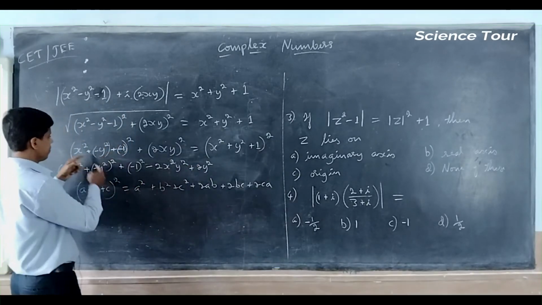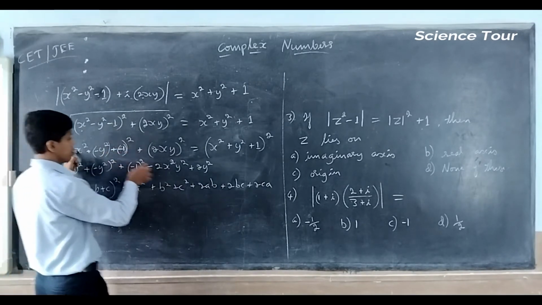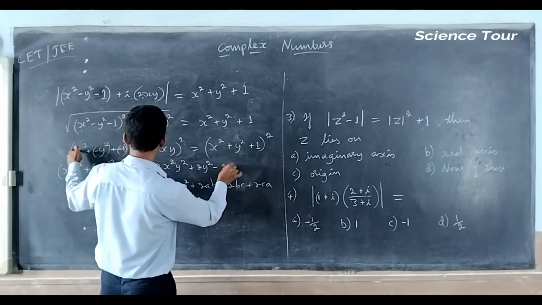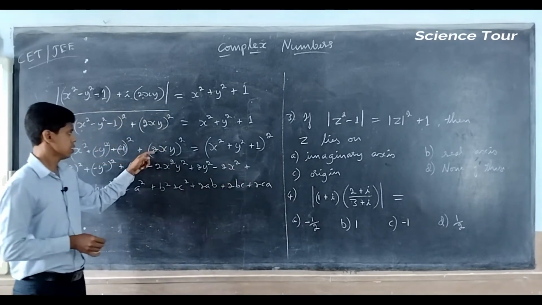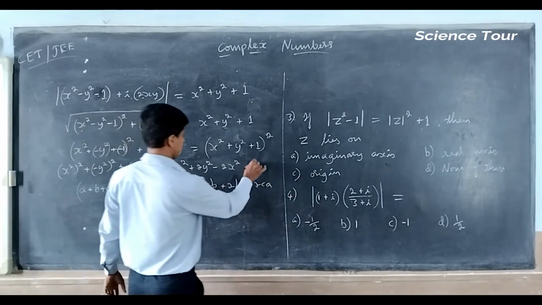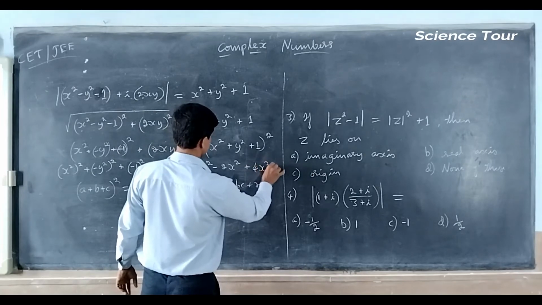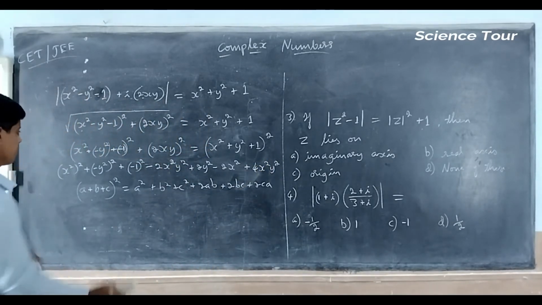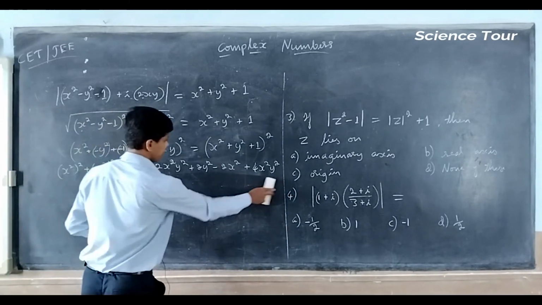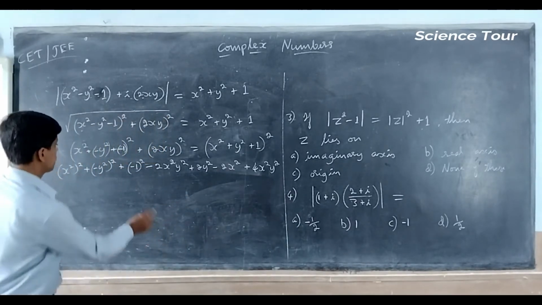And then 2ca, so c and a, so that will be minus 2x square, and plus 4x square y square. That is the left hand side. Use the same formula on the right hand side. Same formula on the right hand side.